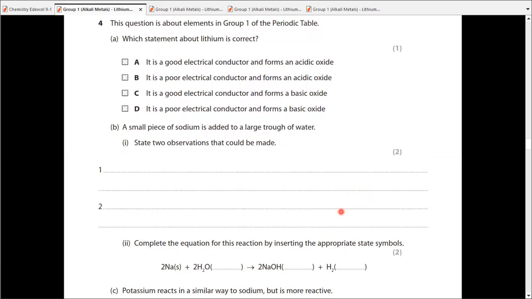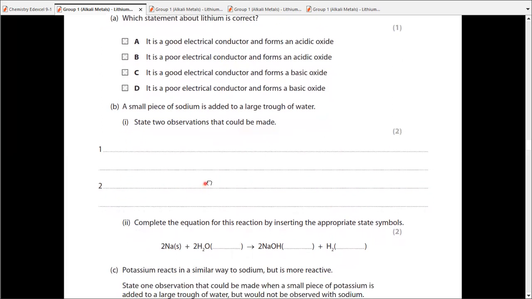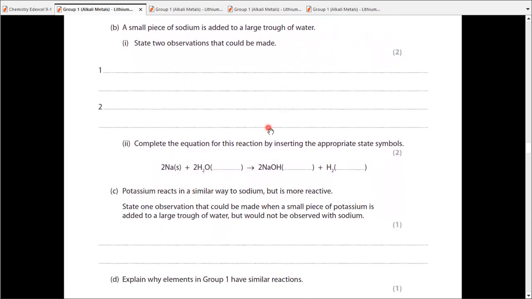So sodium is added in the large. Sir, it will melt into the water and it will form like a ball because of its low melting point. And the other point would be that it disappears in the water.